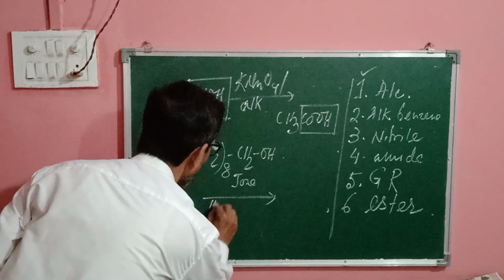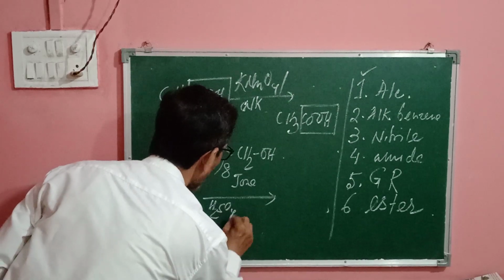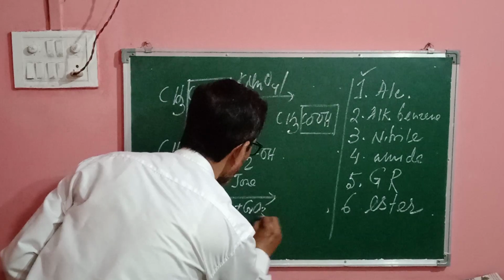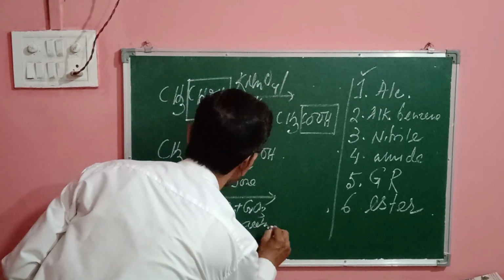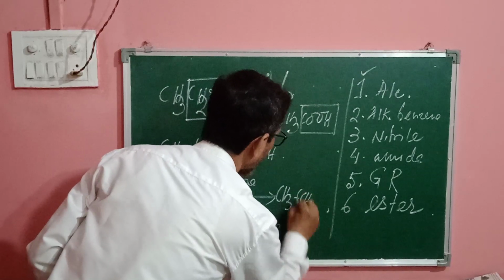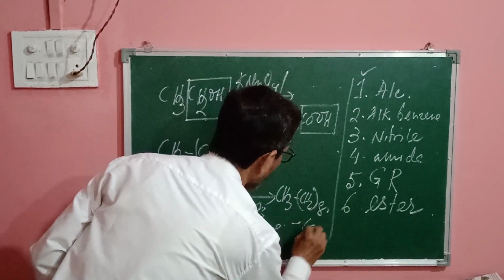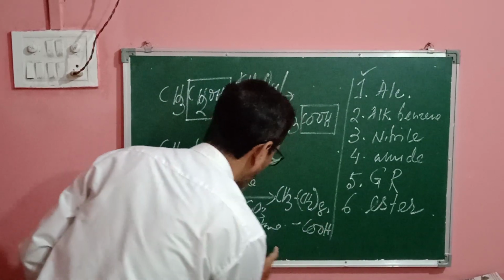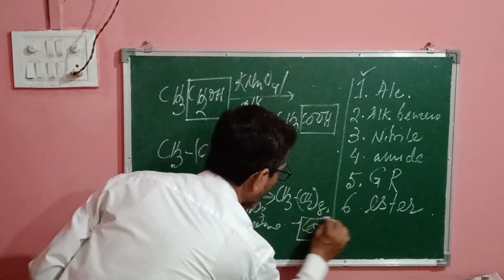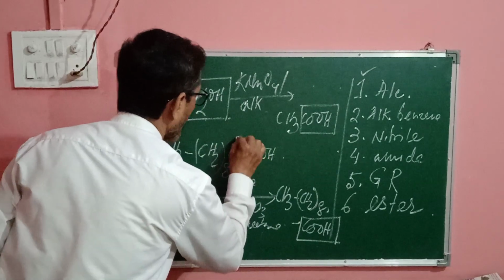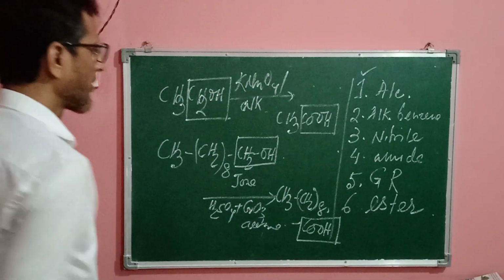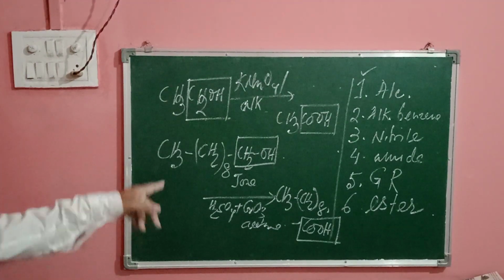Earlier I wrote it, dilute sulfuric acid, chromium trioxide in acetone, we get CH3CH2 COOH, propanoic acid. So again you see here in oxidation the CH2OH part has converted into COOH.